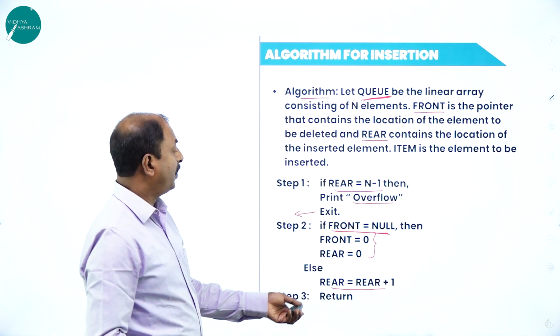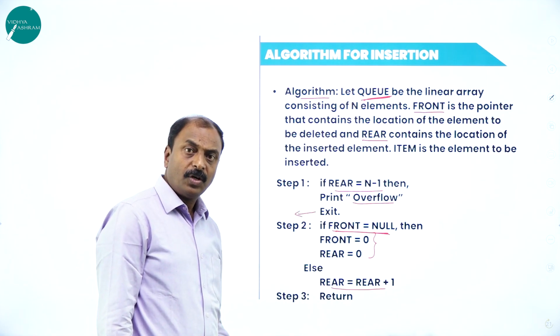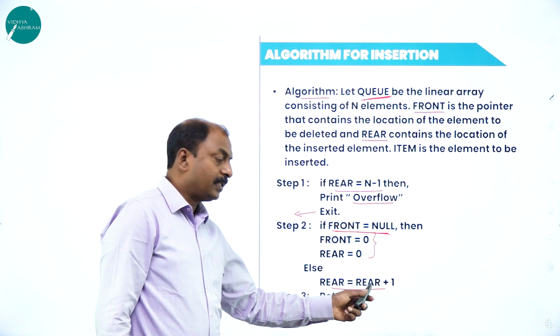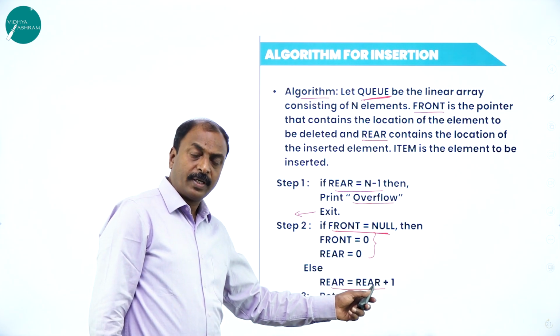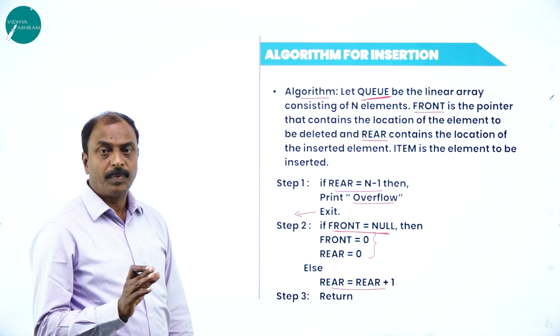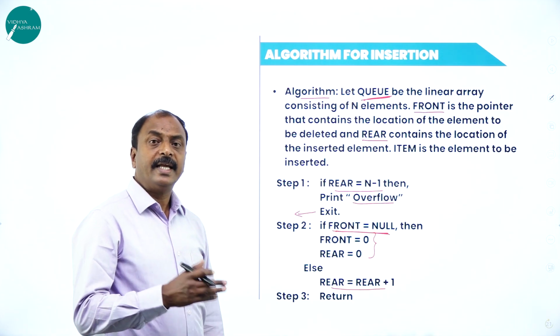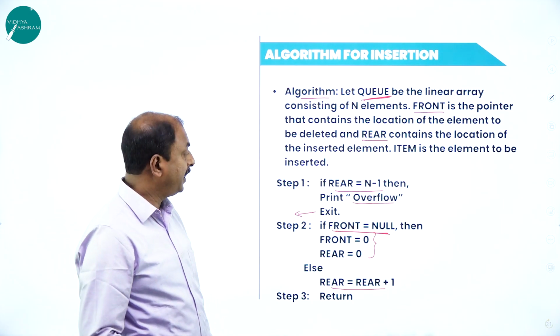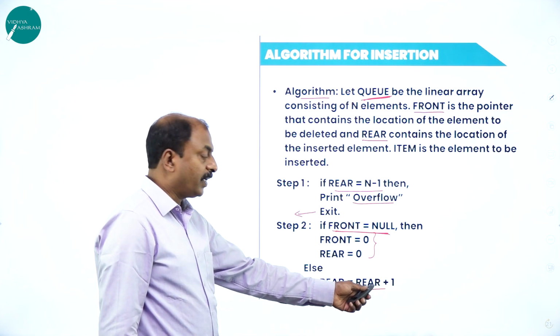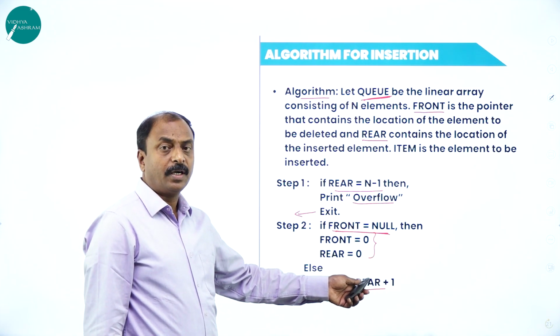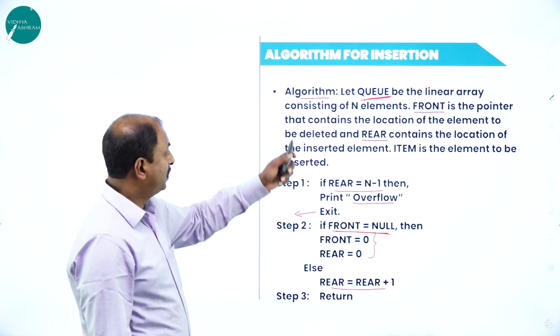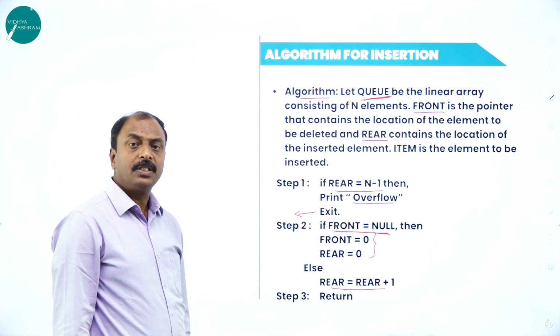If you want to insert a new data item, we have to increment the rear pointer by +1. So the rear pointer moves to the next index in the array. It indicates the place where we can insert a new data item into the queue. So this is the algorithm for the insertion operation.